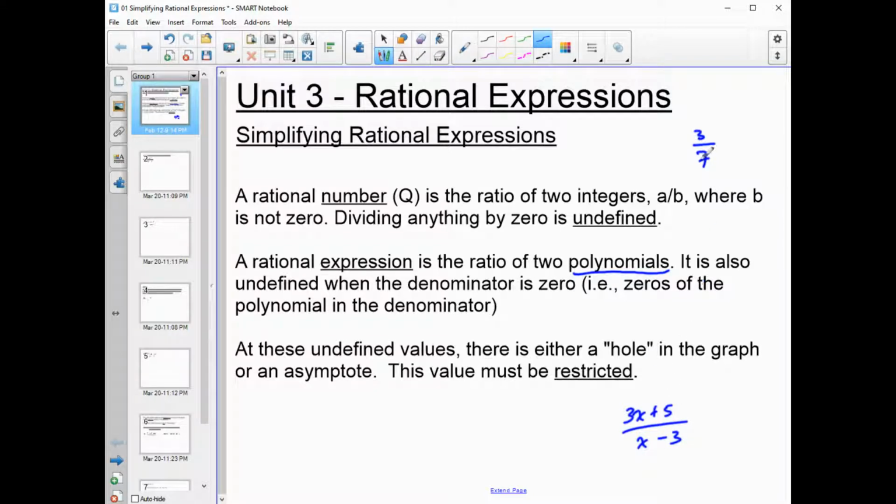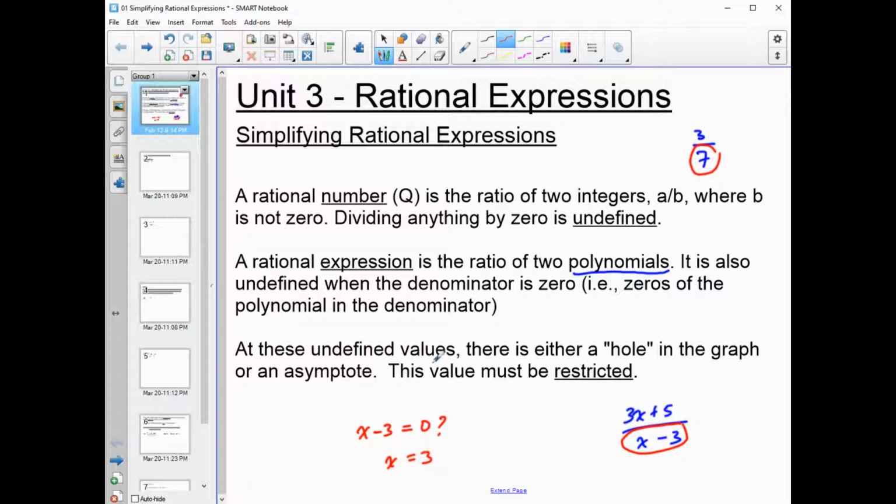Just like with the rational number, we're not allowed to have a denominator of 0. And so we ask ourselves, what could cause that denominator to be equal to 0? Is that even possible? And of course, in this case, it is absolutely possible. That occurs when x is equal to 3.